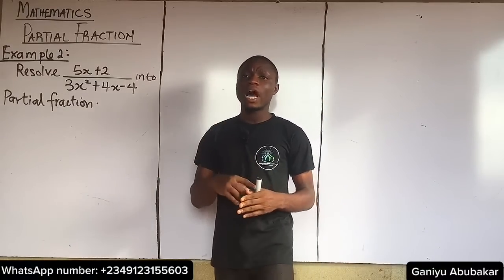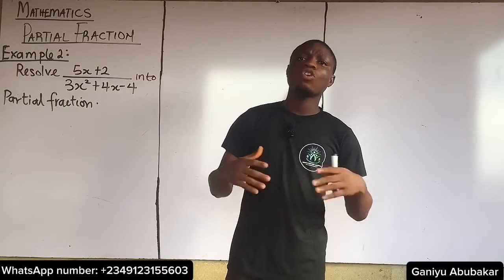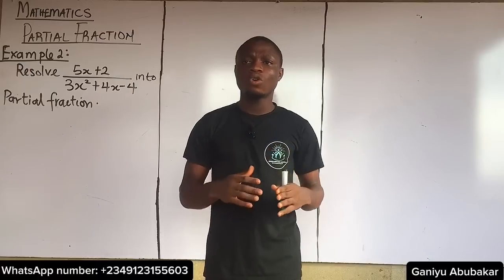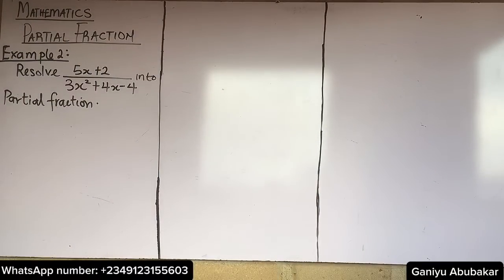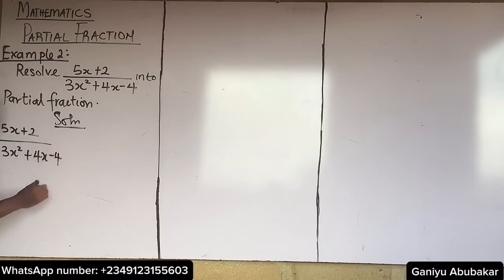We said in last class, our first task here is what? Consider the denominator. So the solution, first task there is to consider the denominator. I have 5x plus 2 all over 3x squared plus 4x minus 4. So I want to resolve this into partial fraction.